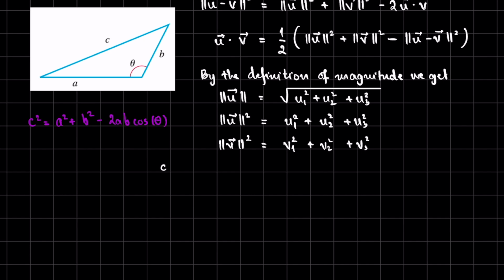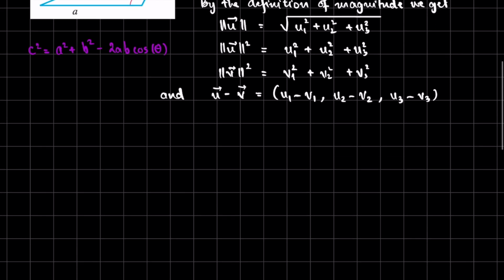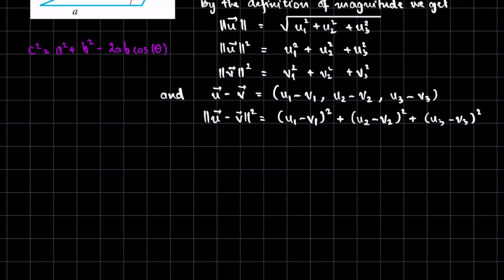And when you calculate the vector u minus v, you get u1 minus v1, u2 minus v2, u3 minus v3. When you take the magnitude of this and square it, you get u1 minus v1 squared plus u2 minus v2 squared plus u3 minus v3 squared.